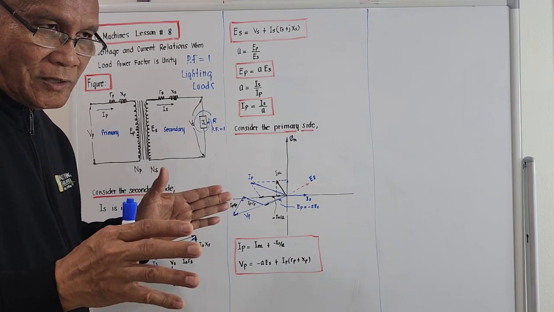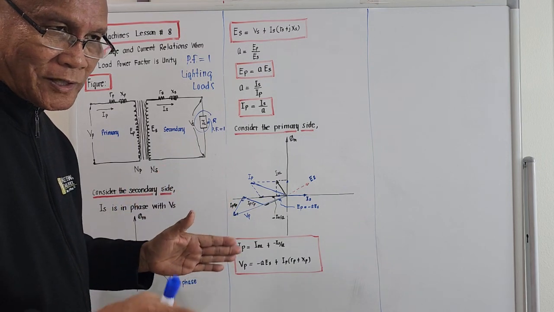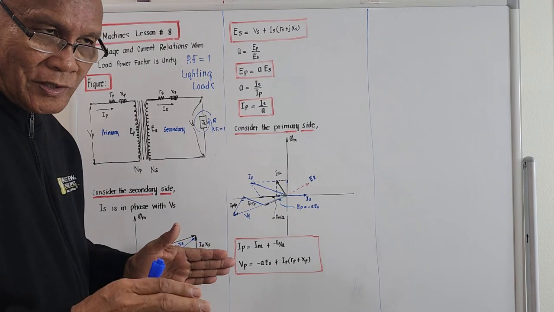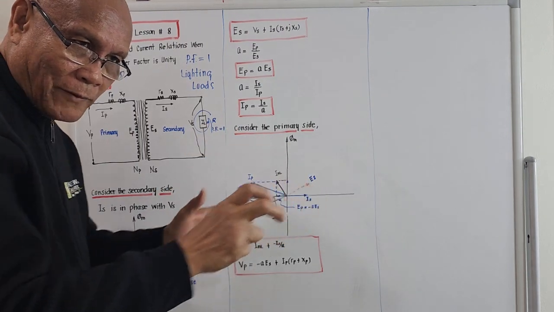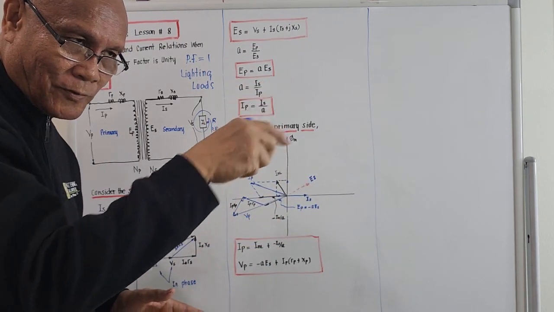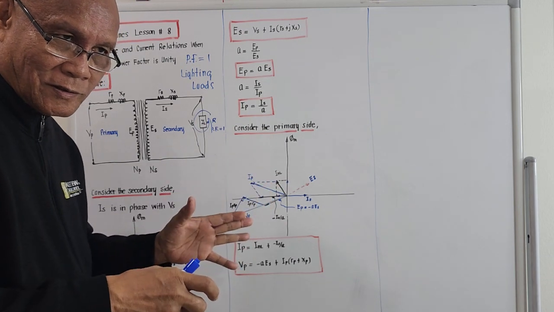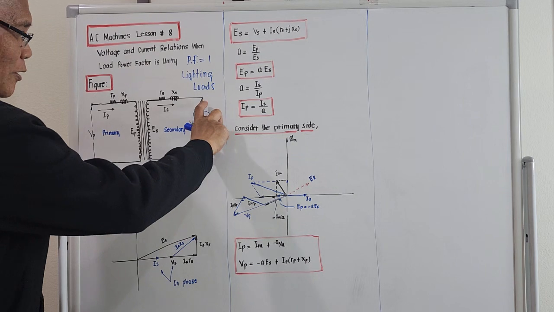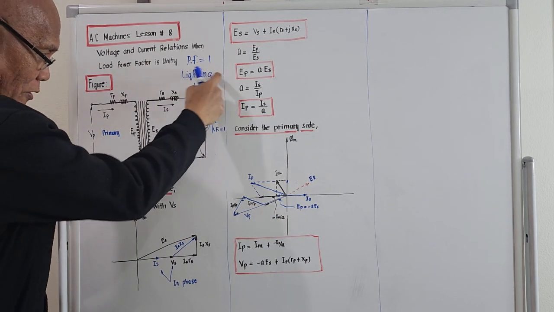But the usual one used under the study of transformers is that power factor is the ratio of true power over apparent power, that is capital P divided by capital S.